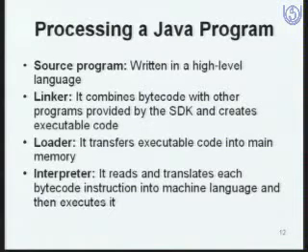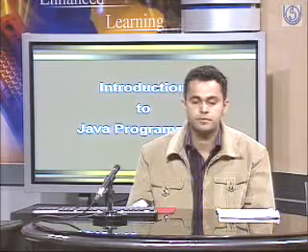Then it uses a loader to transfer it into the main memory to be executed. Then we use an interpreter, which reads and translates each bytecode instruction into machine language and then executes it.